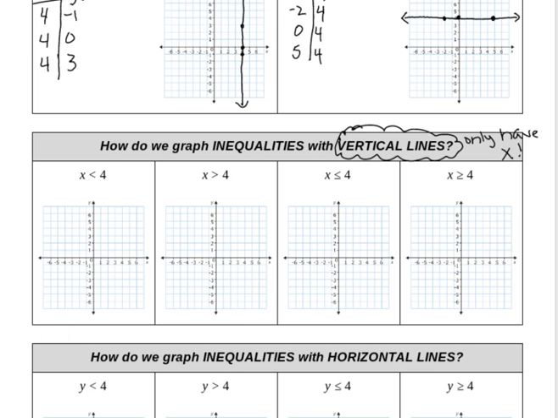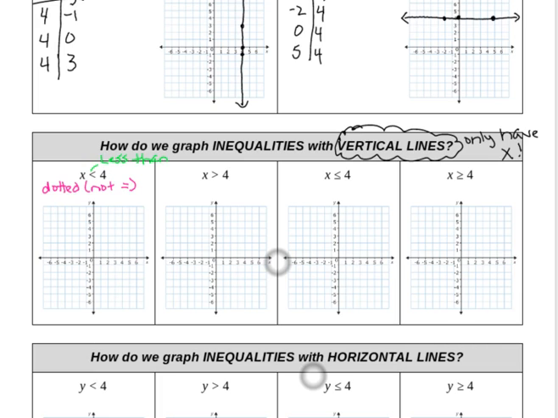And so since it's less than, it's not equal to. And so this is going to have to be a dotted line. So we're going to have a vertical dotted line at x equals 4.